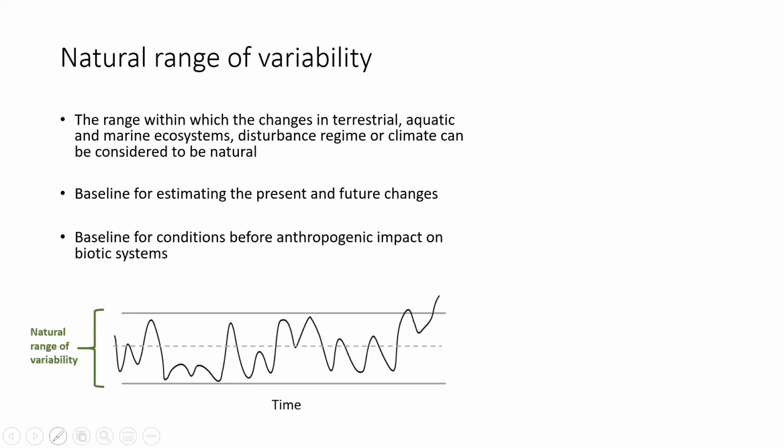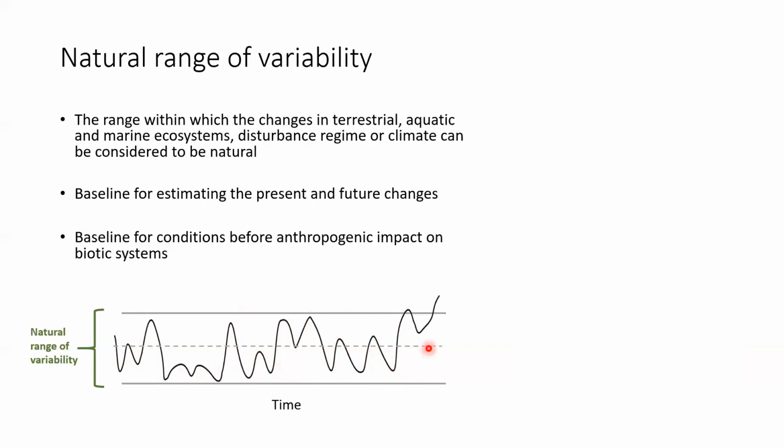And here in the figure that I've made, this is kind of a rough example. So for example, if we take changes in climate, there have been many changes, but usually they have been within this kind of range limits, or this could be fires, or this could be just the distribution of some species.